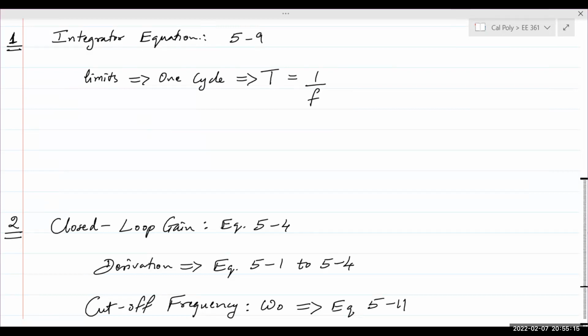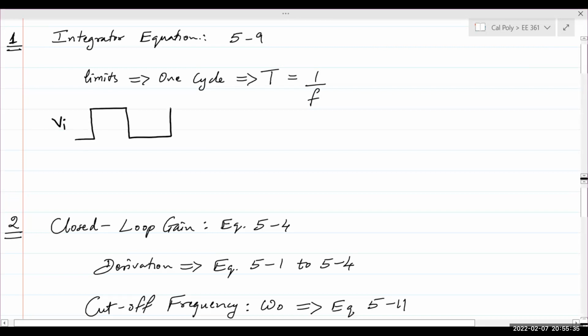Now, you're also asked to sketch V out for VI being a square wave. If VI is a square wave, it should look something like this. You are provided an amplitude value and a frequency value.